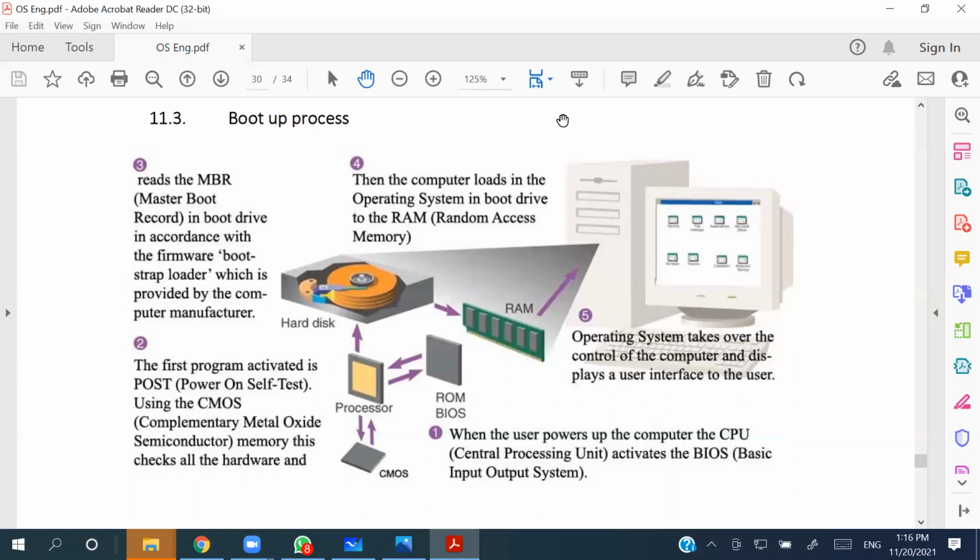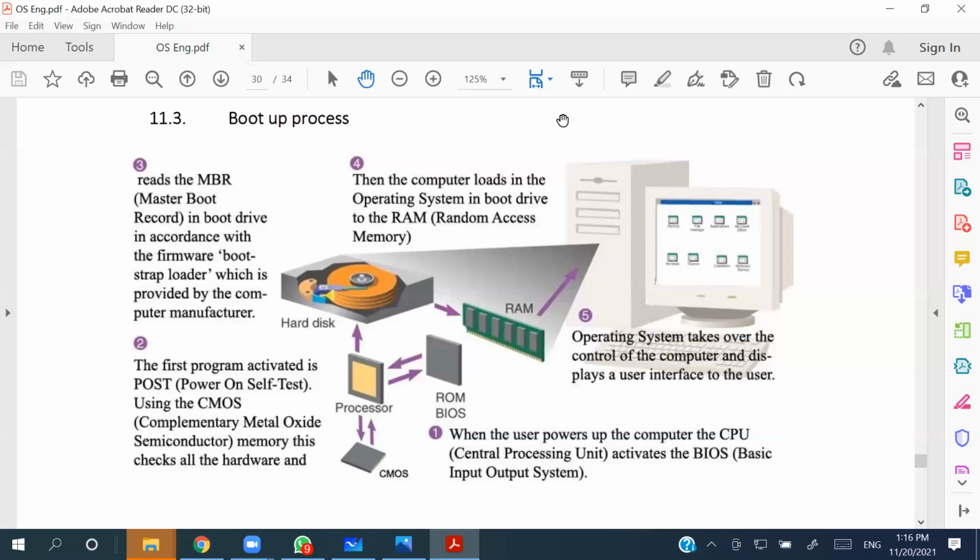So it checks the memory, the video graphic card, and the other chips on the circuit. So it checks that everything is in a proper manner. It is not a very deep check, it just checks if everything is in its place, right?